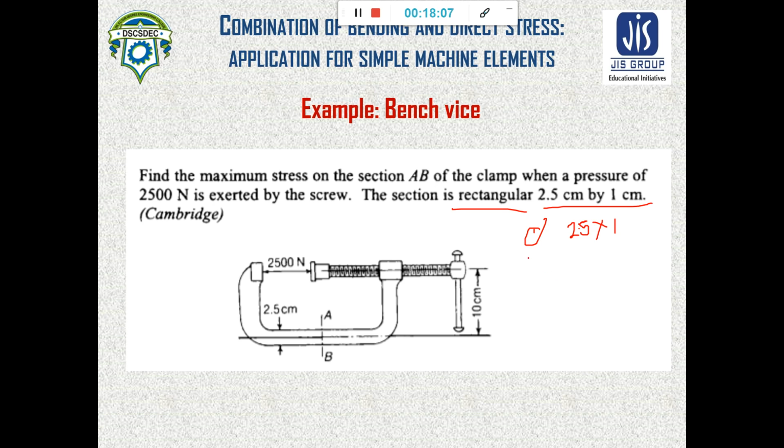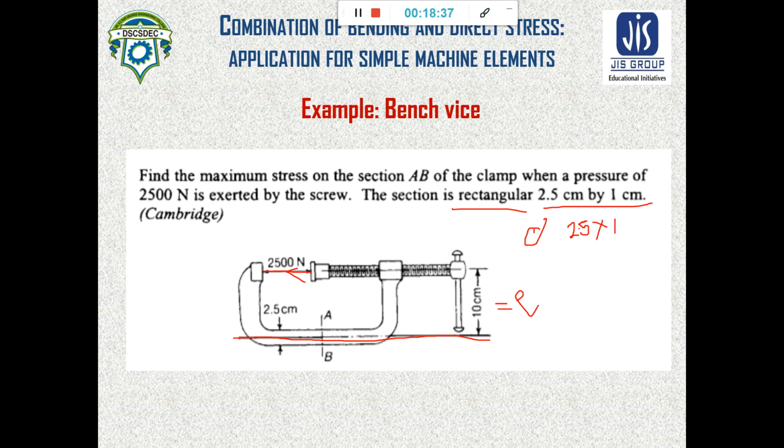Secondly, we have to find the maximum stress here. The axis will be this, and the load is acting here, in between. That means the load is eccentric, and the eccentricity is 10 centimeter. This is our eccentricity, easily we can find it out.